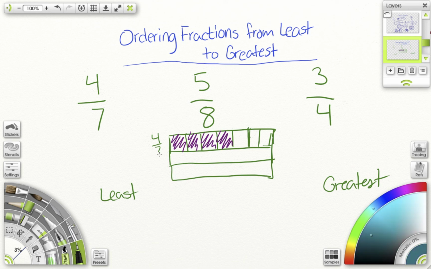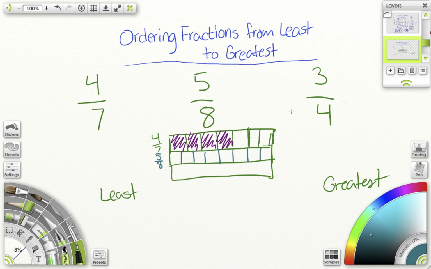Now I have 5/8. So let's do this one, 5/8. I need to split this up into 8 equal slices here. So 1, 2, 3, 4, 5, 6, 7, 8.